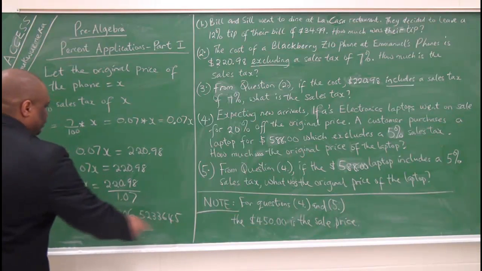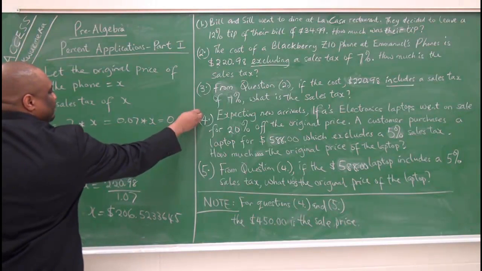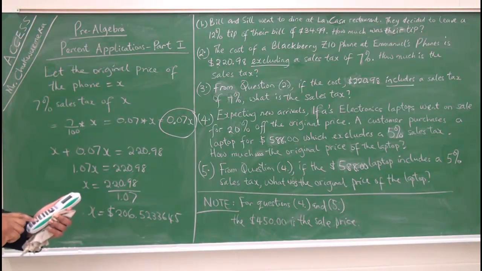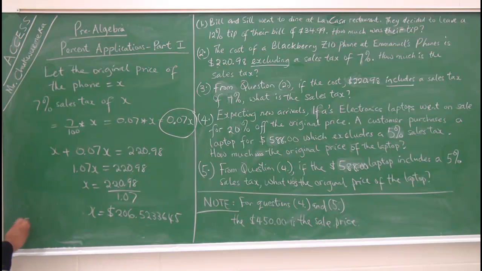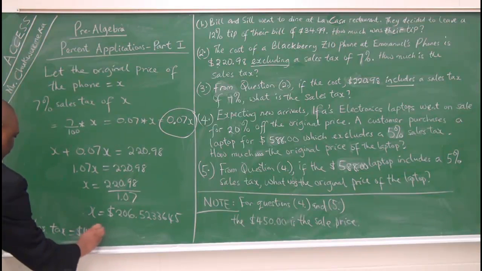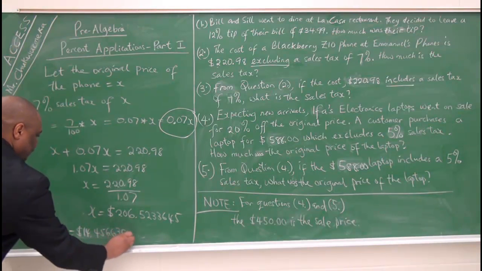So I have to just multiply this by, remember the sales tax is 0.07X. So this amount times 0.07, and that gives us 14.45663551.